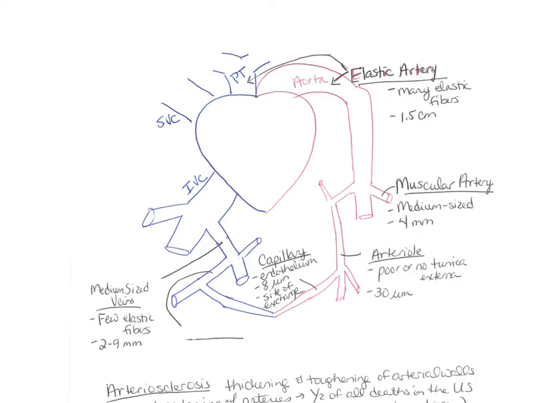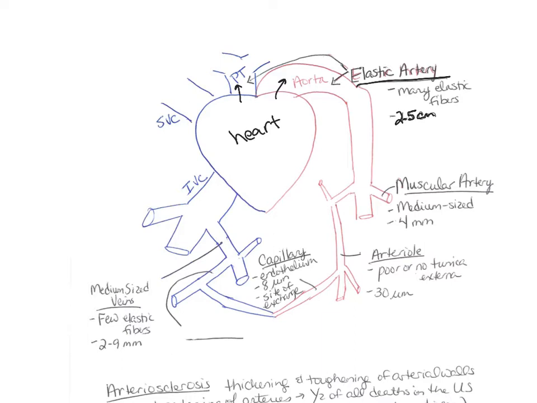So this is a picture of your heart here, and the arteries that are leaving your heart are the aorta and the pulmonary trunk. Those are called elastic arteries. Those are the largest arteries that you have. They're very resilient vessels. They have large diameters, up to 2.5 centimeters.